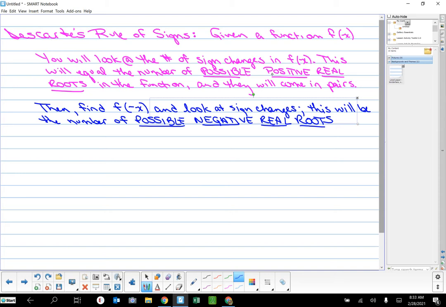Oh, this says come in pairs. They will decrease. Change this to decrease. And these will decrease in pairs.